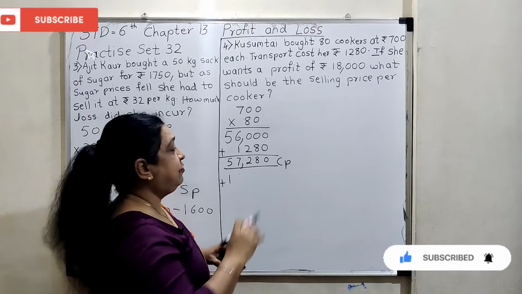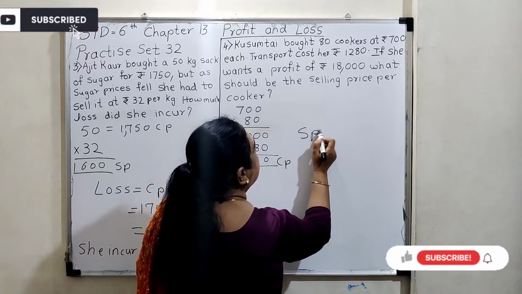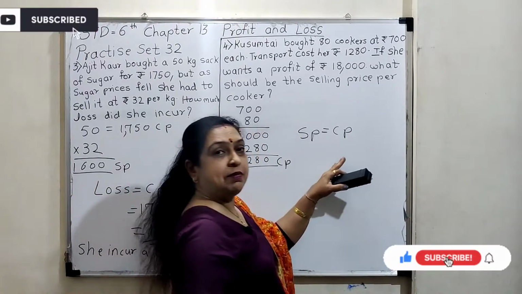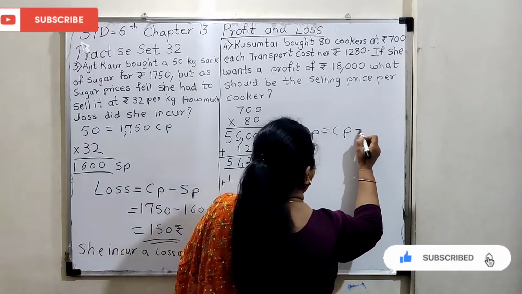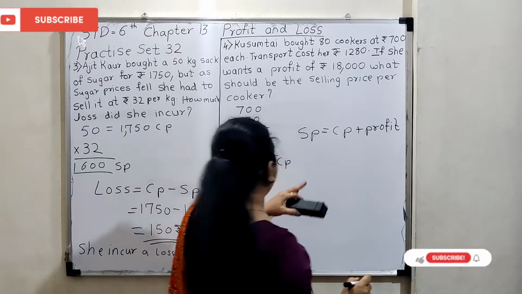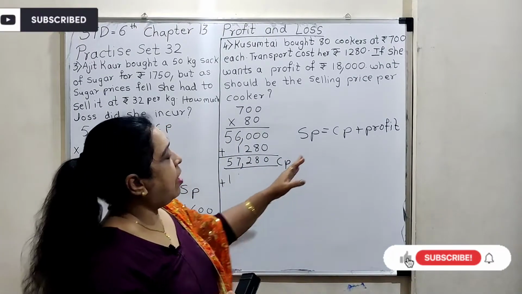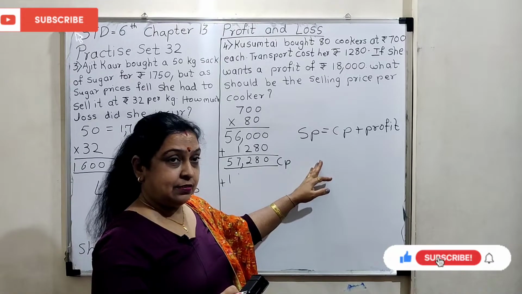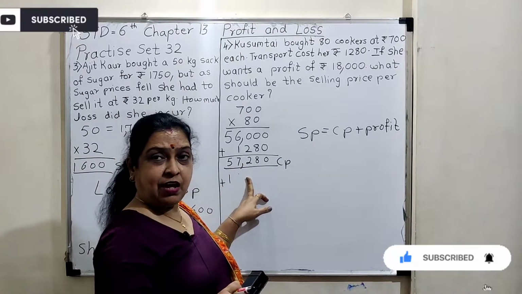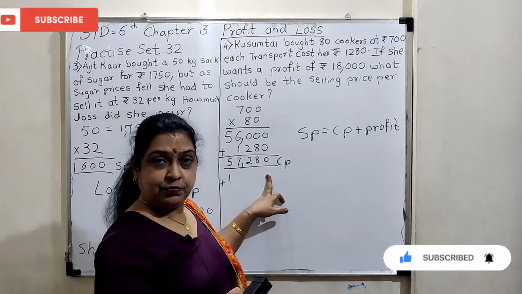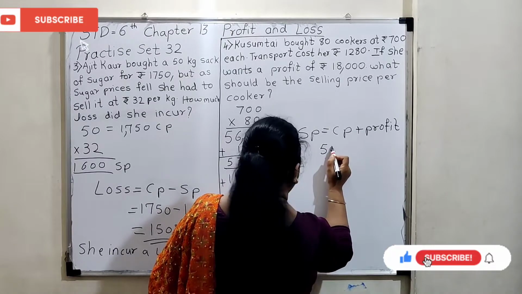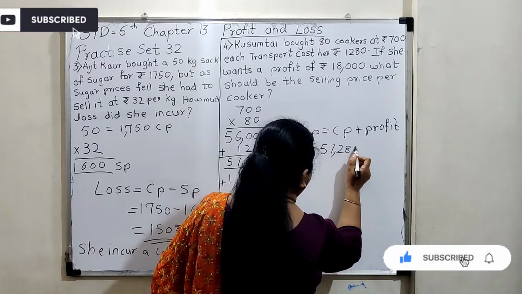What is selling price equal to? Can anybody tell me? Cost price plus profit. How will we find out the selling price? You know the cost price is 57,280.